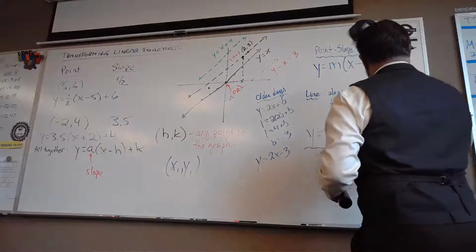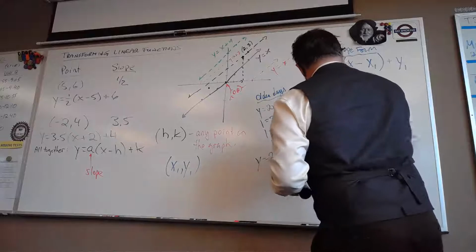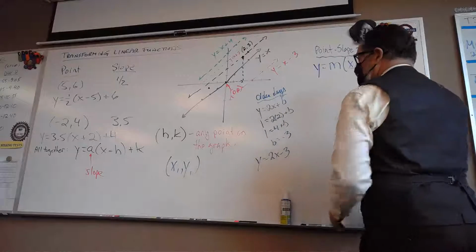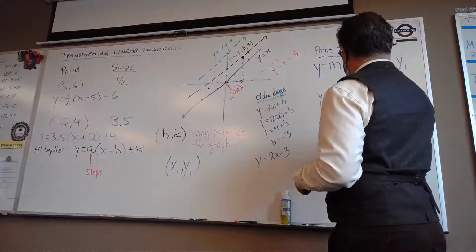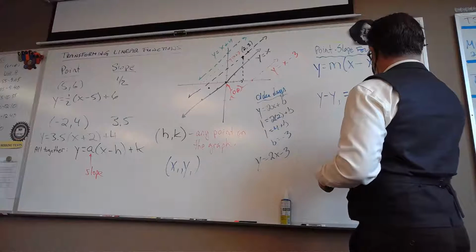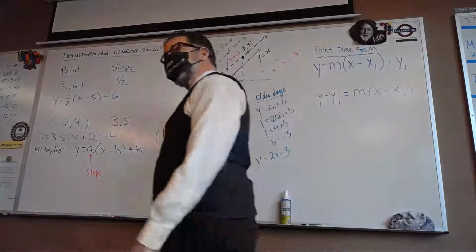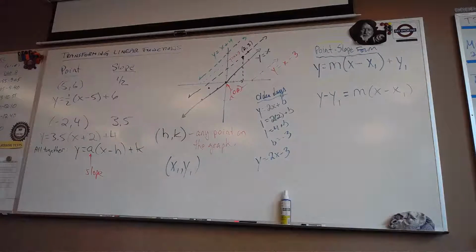Now, the only thing you might need to know is that sometimes you're going to see this written slightly differently. Sometimes you're going to see it written like this. Y minus y1 equals m(x minus x1). They clump the y's together, they clump the x together. Doesn't really matter. It's the same thing.